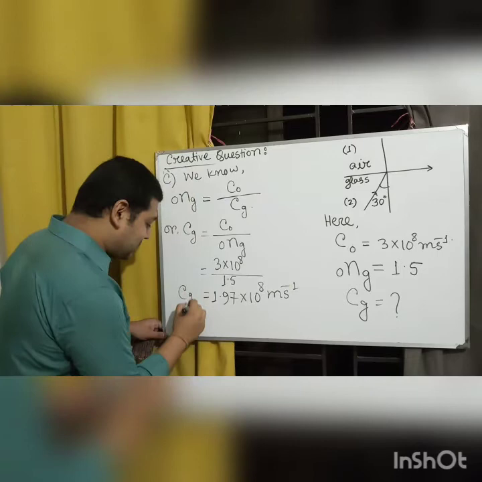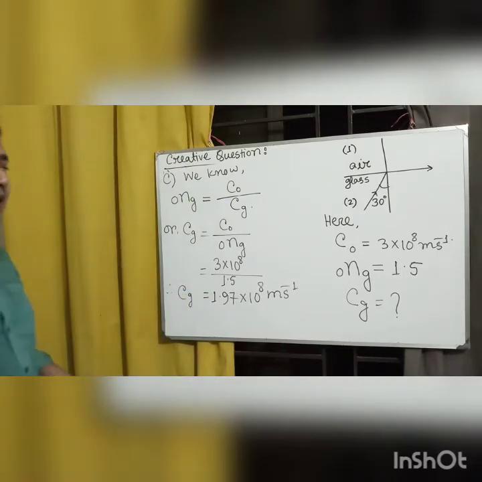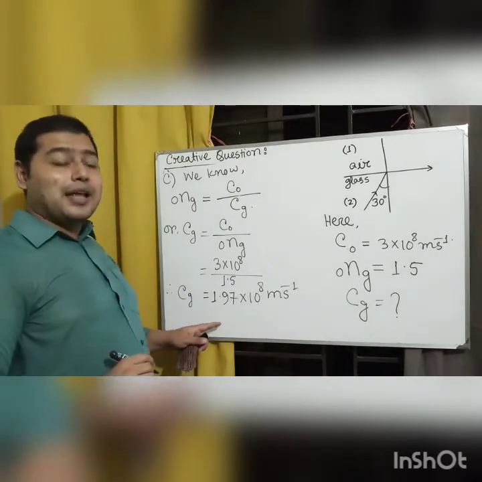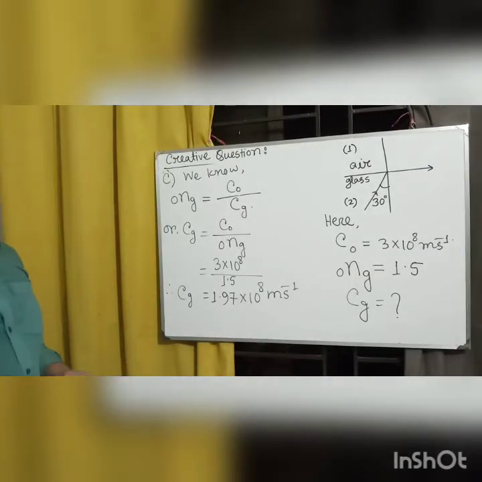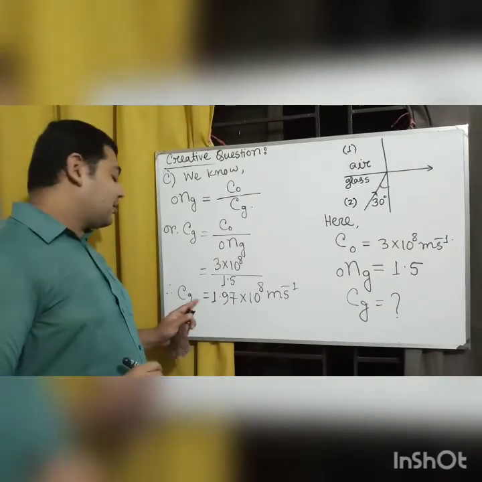So this is our answer for question C. Here we get the velocity of light at glass medium.